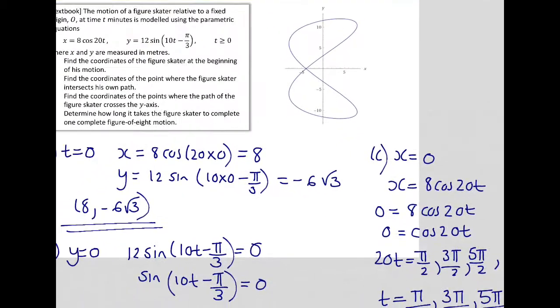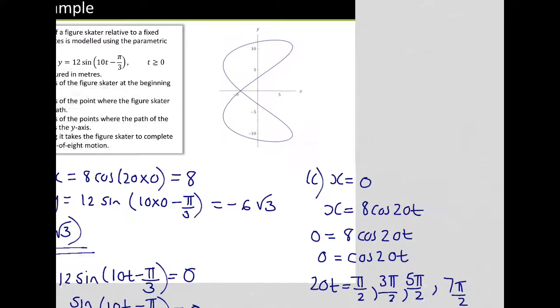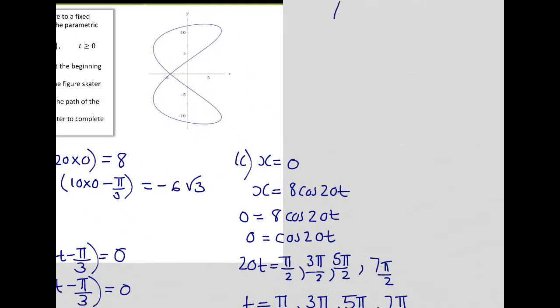So if I go over here, this is part D, and I've got x equals 8 cos 20t.